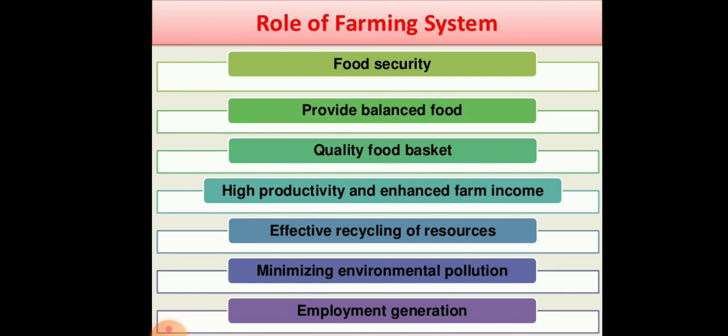Like for example, you grow crops, you raise animals, or vice versa. So it has a balance of producing food. Hindi lang meat ang na-produce, pati vegetables, or vice versa. Quality food basket in the community.